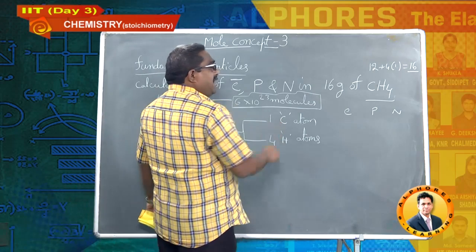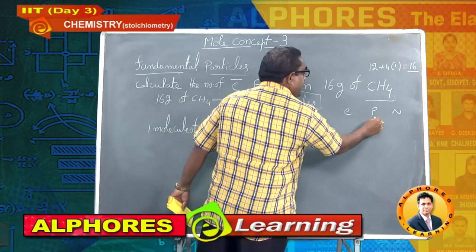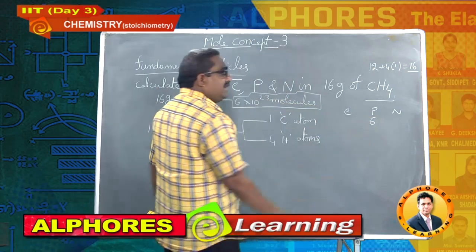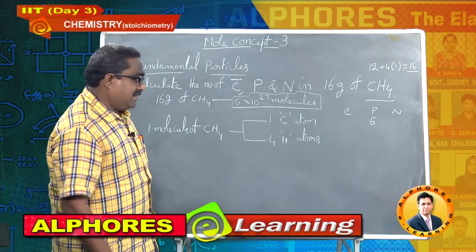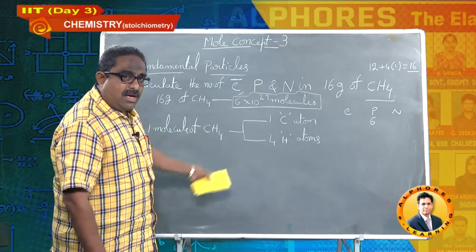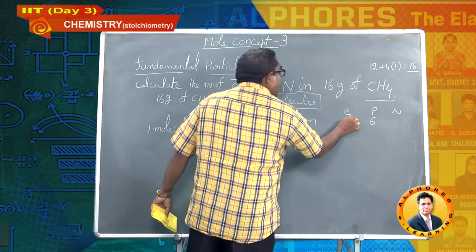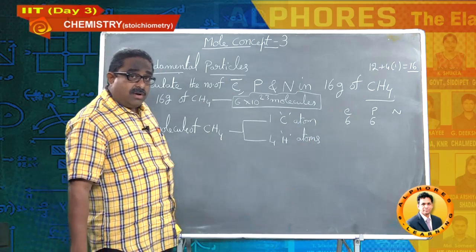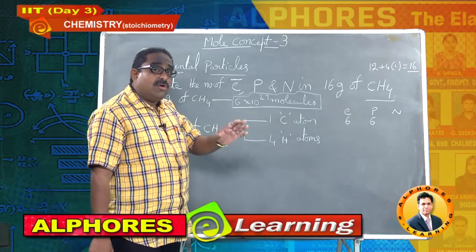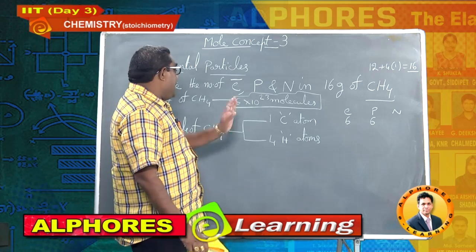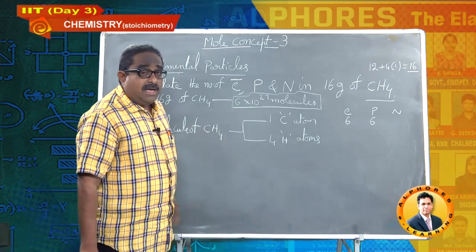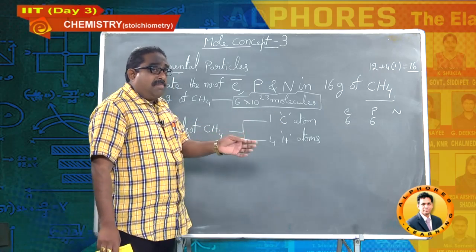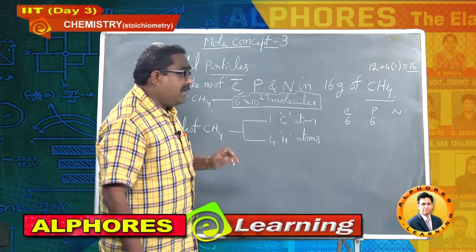We know carbon atom has atomic number 6. Atomic number is nothing but protons, that is 6 protons in one carbon atom. Carbon atom is neutral, no charge in that. So, you can write 6 electrons. To estimate the number of neutrons, I have already told you, you should know the mass number minus atomic number, A minus Z, which gives the number of neutrons.